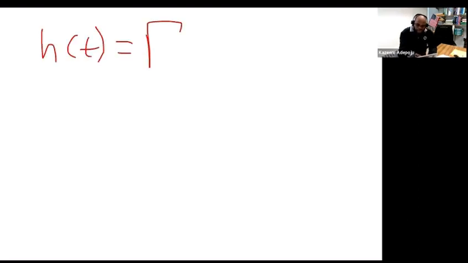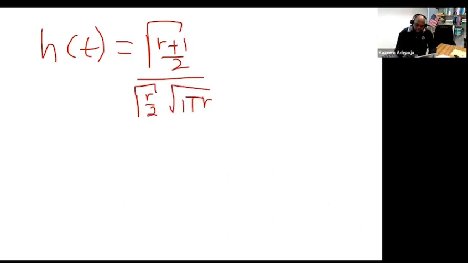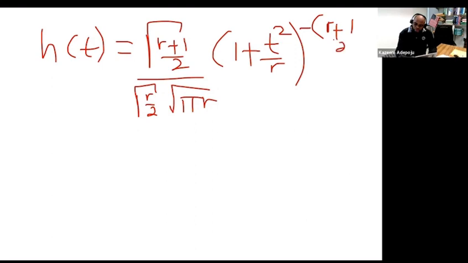Now, when you're talking about the T distribution, we'll realize that it is actually h of t equals gamma of (r plus 1) over 2, divided by gamma of r over 2 times square root of pi r. Then I'm going to have 1 plus t squared over r, then everything raised to the power (r plus 1) over 2.